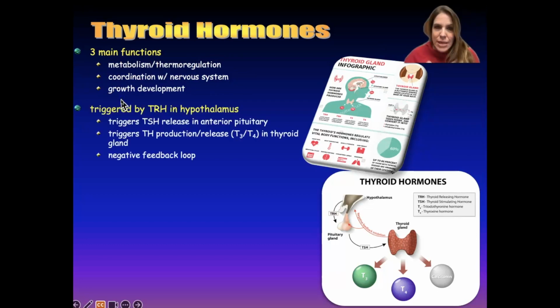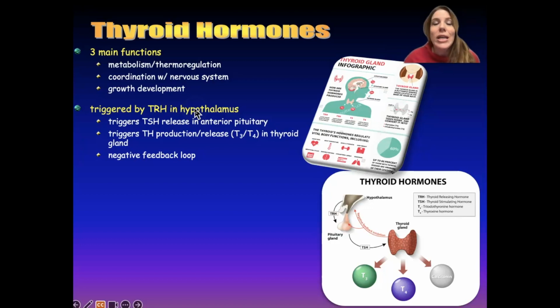So let's take a little bit of a look at this. We mentioned before, the hypothalamus, the boss gland, is going to control negative feedback loops in the body where hormones are concerned. And in terms of thyroid hormone, the way it's going to do this is by releasing thyrotropin releasing hormone. So we mentioned that.